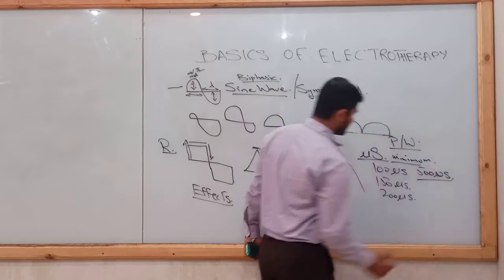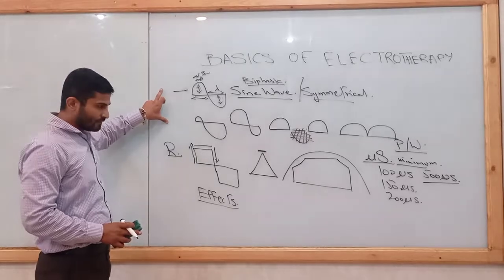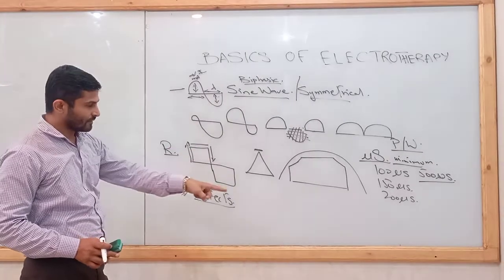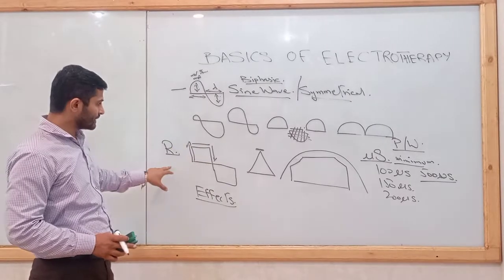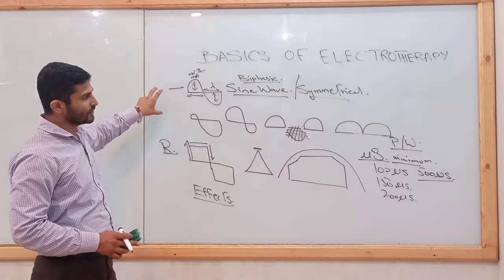microseconds of pulse. So designing the protocol will require selection of the waveform, selection of the current, then defining the pulse width of that current, and intensity. It depends again on whether you are treating an acute, subacute or chronic condition.